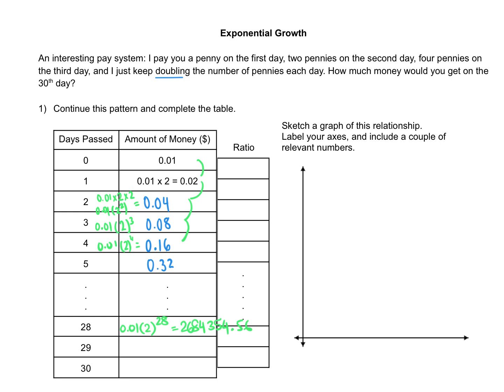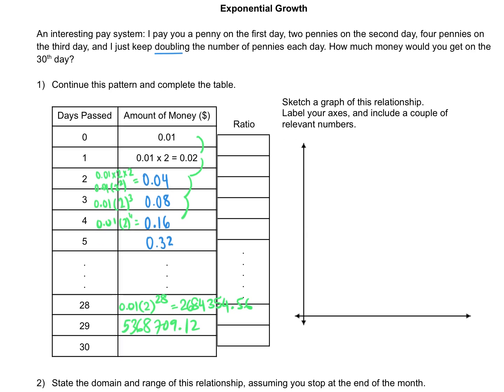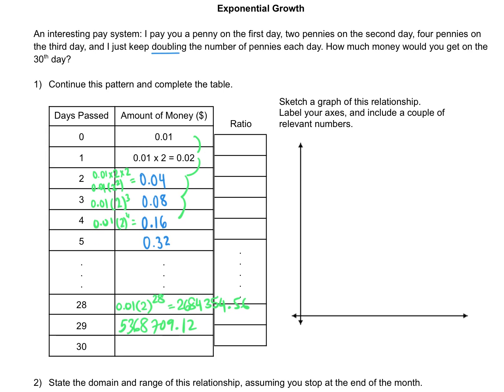Then now I can double it again, or do 2 to the power of 29 times 0.01, and we get 5,368,709.12. And I double one more time, and now I'm at 10,737,418.24.